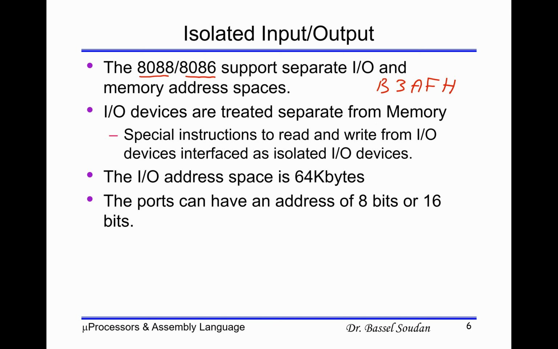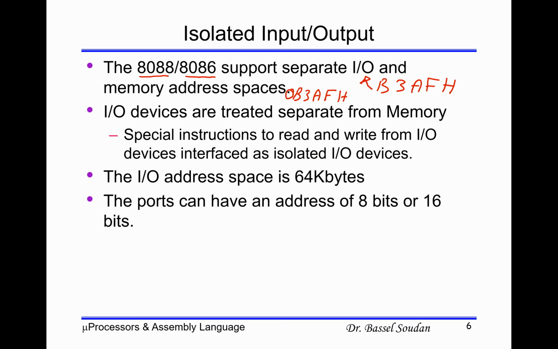I have 16 bits. This address could be an address for the I/O. This address is different from another address in the memory. If I have this address in the memory, definitely the memory address should be 5 hex digits. So those two addresses are different because this is for the input output and this is for the memory. So the memory and the I/O have different, separate address spaces.